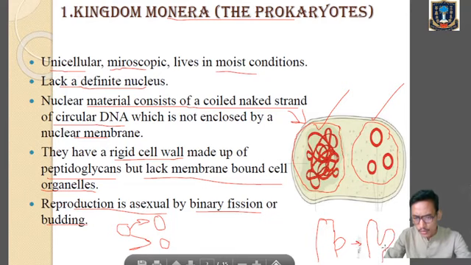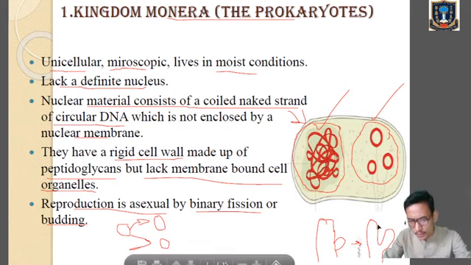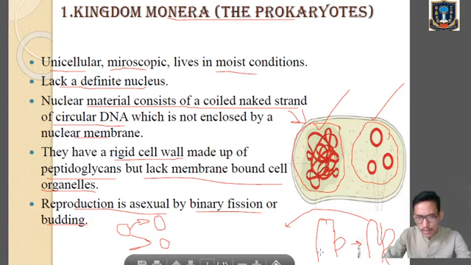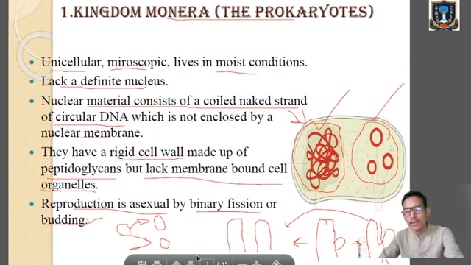When this bud grows up and matures, it will detach from the parental body. It will just separate from the parental body, and ultimately from one parental body there will be formation of two daughter organisms. This is called budding. Clear? So binary fission and budding are the modes of asexual reproduction which occur in case of kingdom Monera.